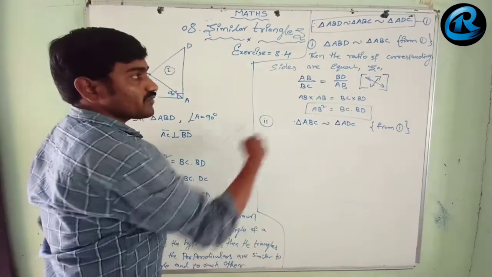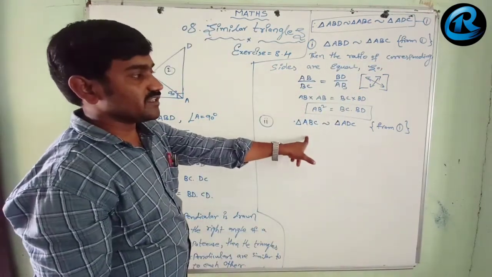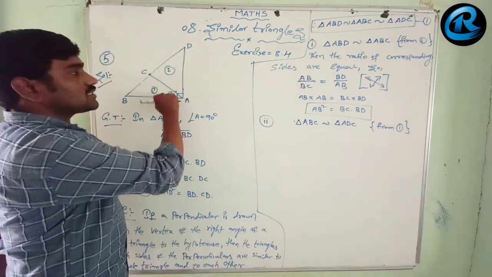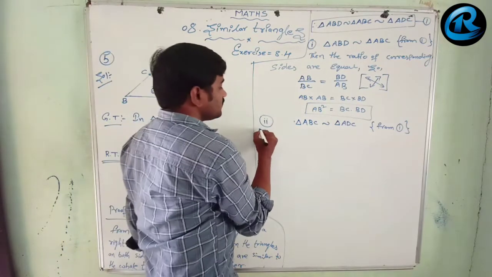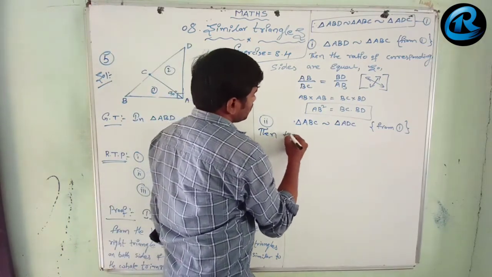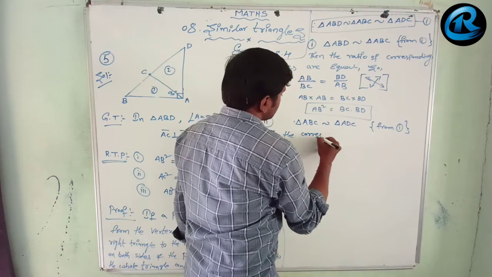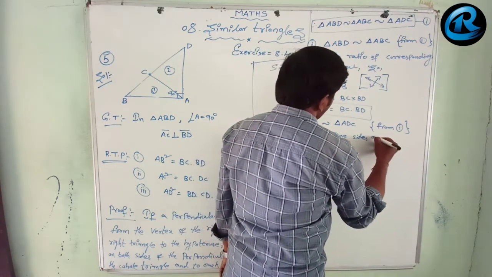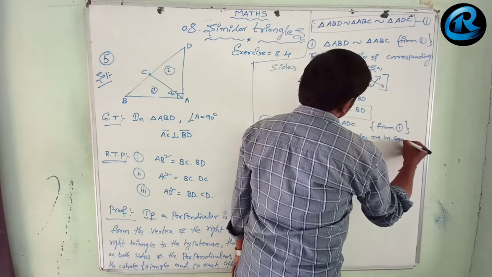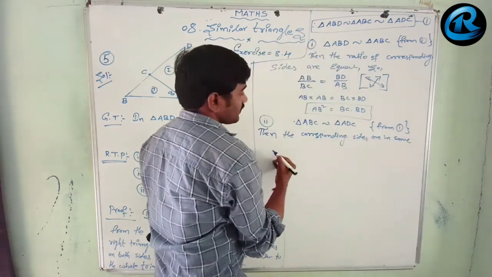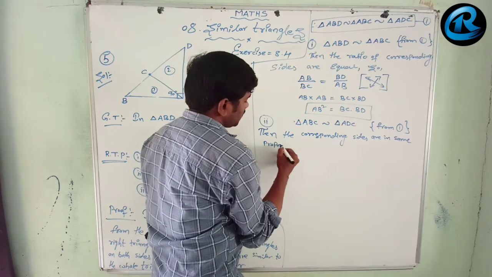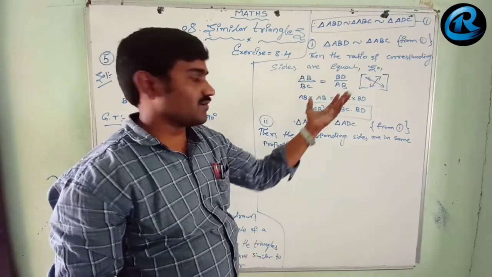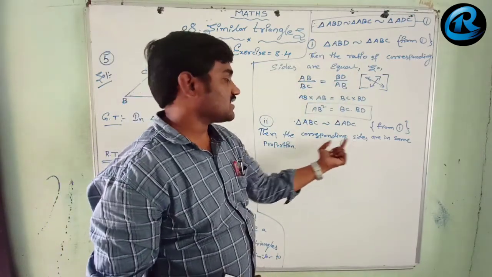Now, if two triangles are similar, then their corresponding sides will be in the same proportion. You can write that the ratio of the corresponding sides are equal, or that the corresponding sides are in the same proportion.